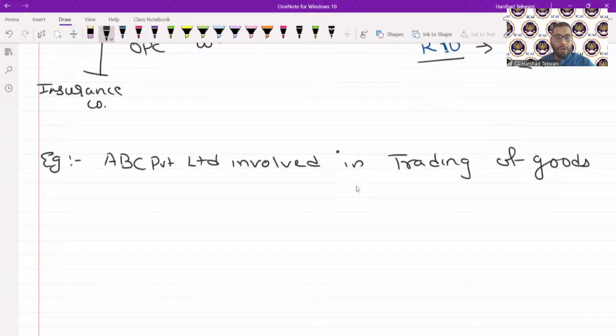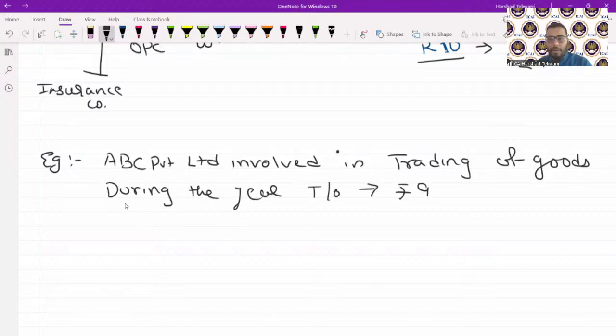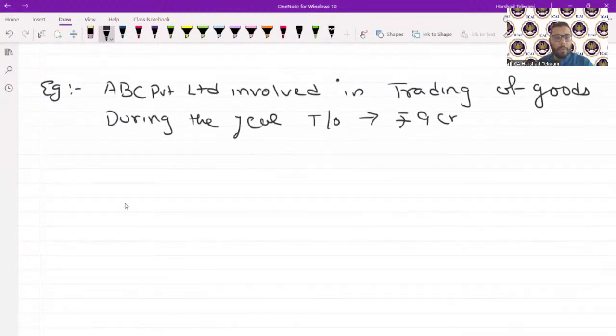Okay. Now during the year, the turnover of the company was rupees 9 crore. Okay. Number 2. Now we are talking here about financial year 21-22.